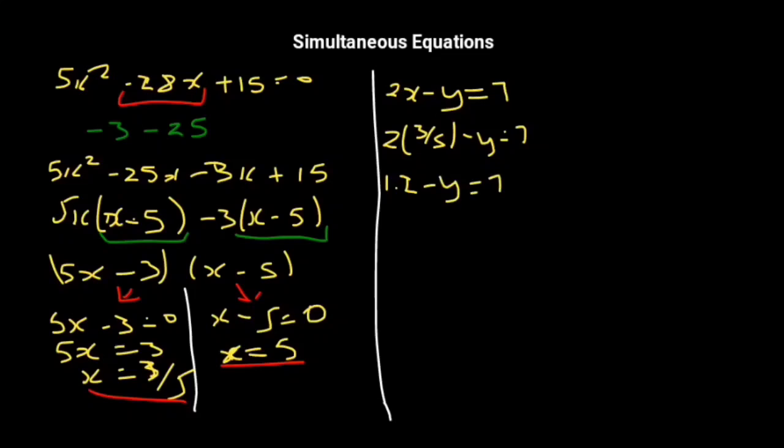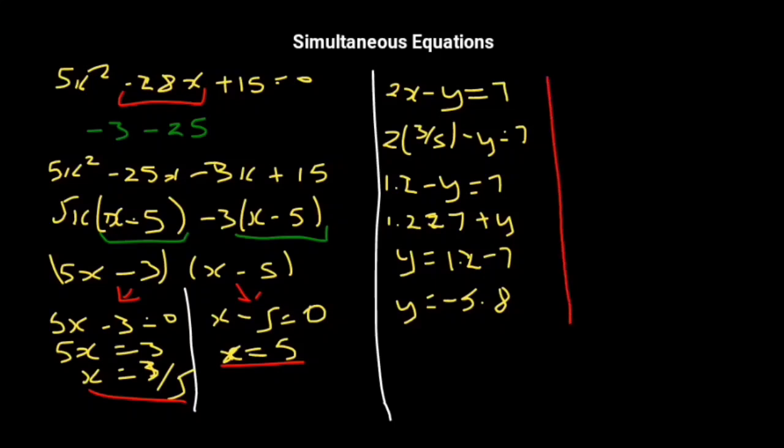We have 1.2, which is 2 multiplied by 3/5, minus y is equal to 7. Making our y positive, we'll have 1.2 is equal to 7 plus y. And making y the subject of the formula, we will have 1.2 minus 7, because we'll be moving the 7. And then simplifying that, we'll have y is equal to minus 5.8.